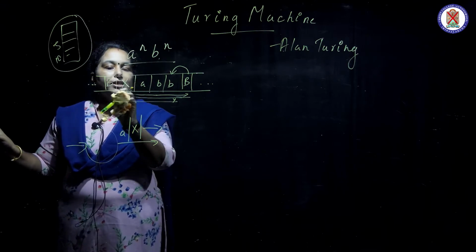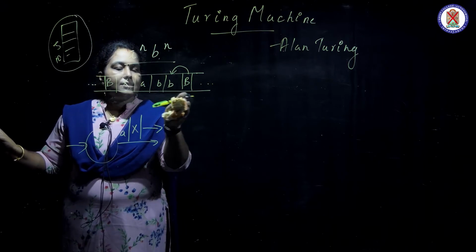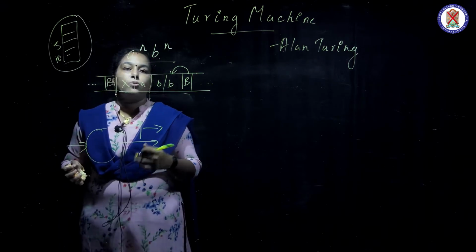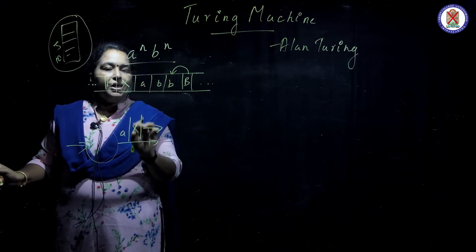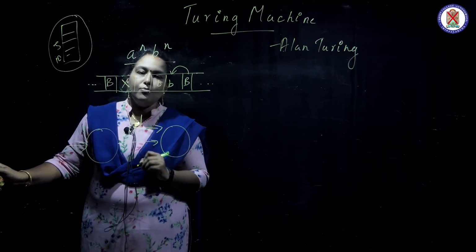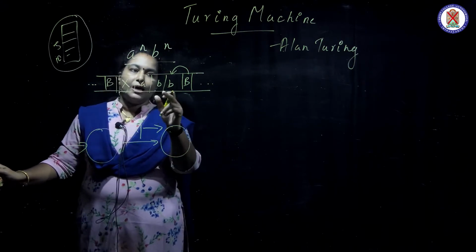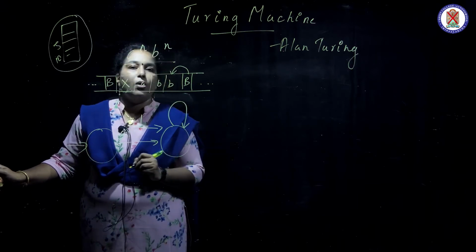I have already said that every time when a Turing machine sees something, it can also store it, with no separate memory. So when I see A, I make it as X and I move forward. When I move forward, I can see A's and also B's, so those must be bypassed.